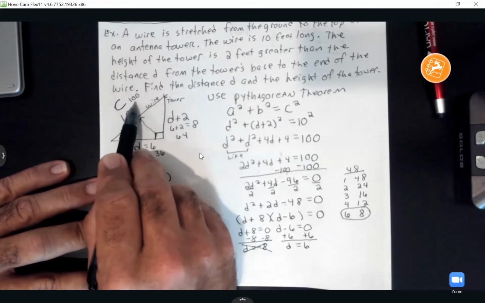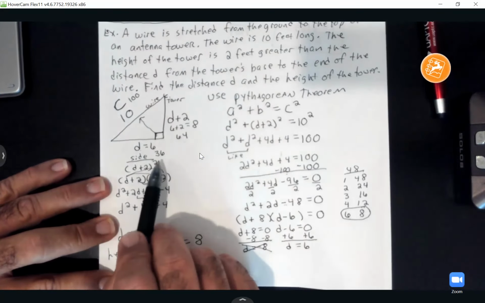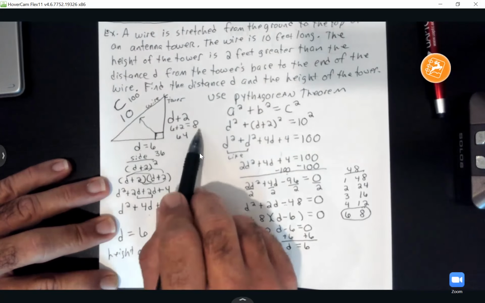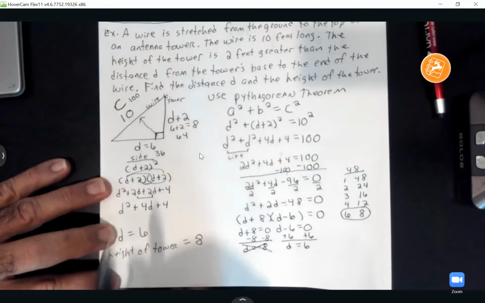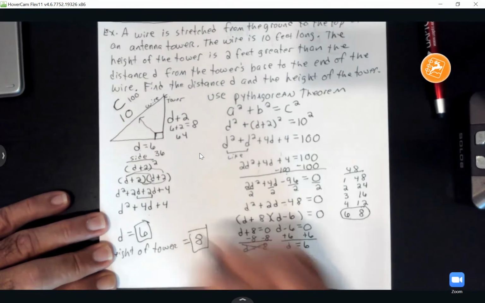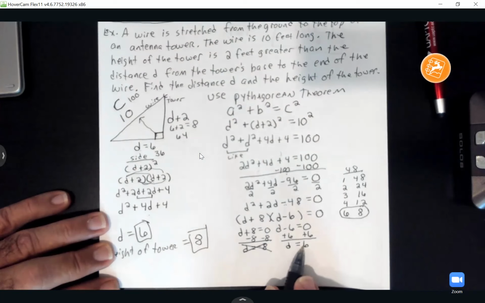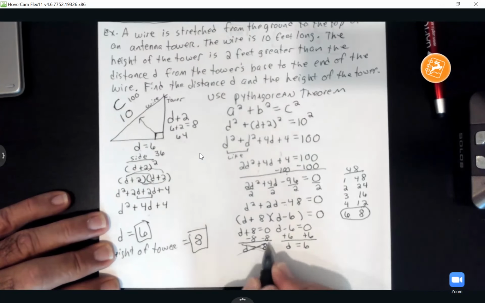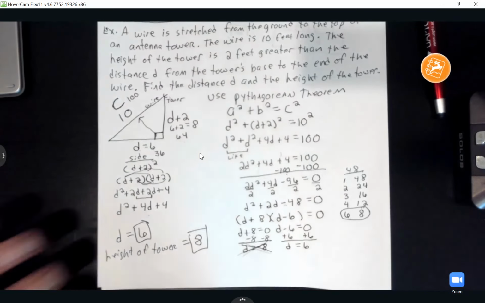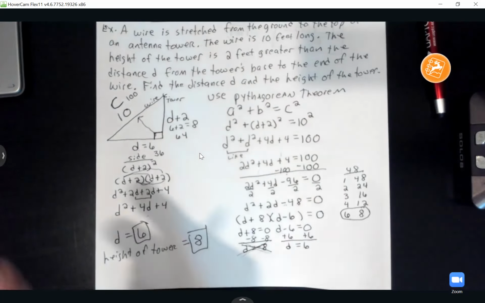Well, guess what? Side C was 100 if you squared it. So that works out. 6 squared plus 8 squared equals 10 squared. But y'all, this is what Math Lab wants. It wants the 6 and the 8. And you're going to get a negative answer and a positive answer when you do this. But you've got to kick out the negative answer because we're talking about a real world situation here, okay?